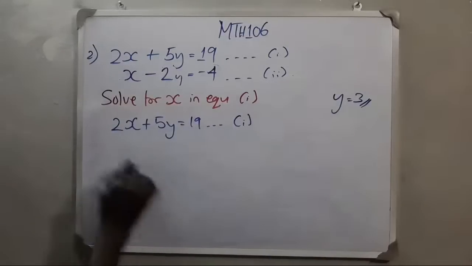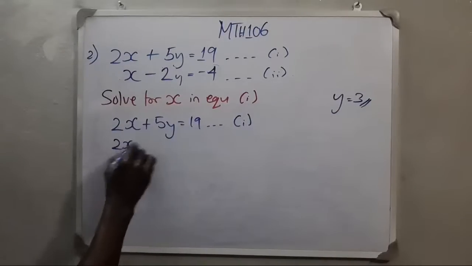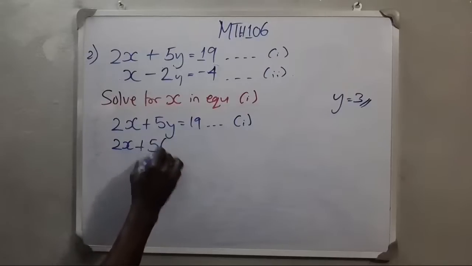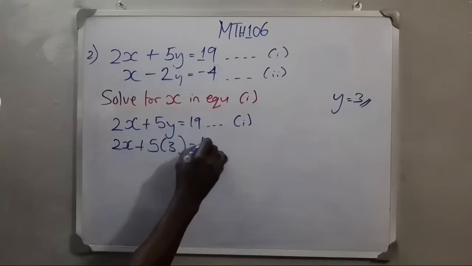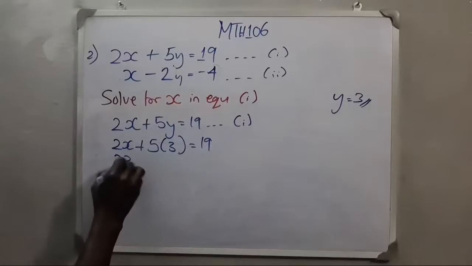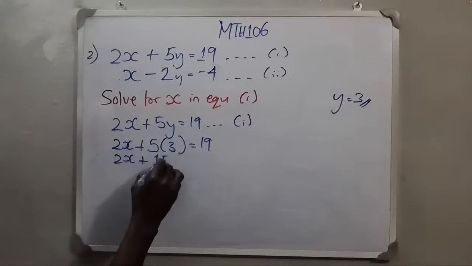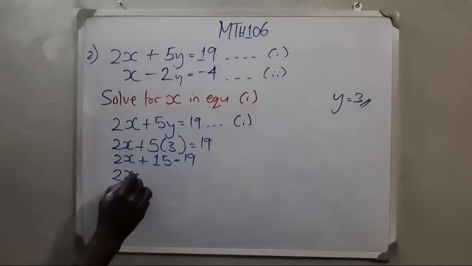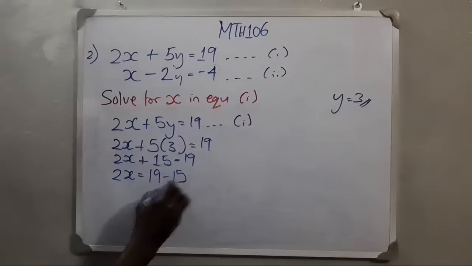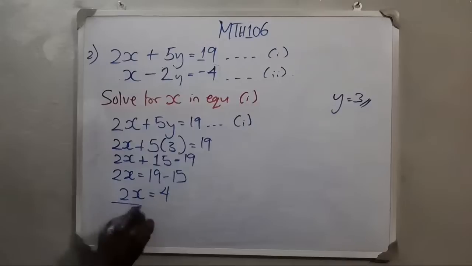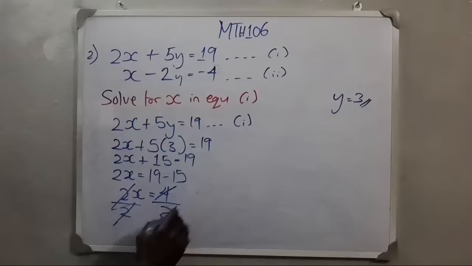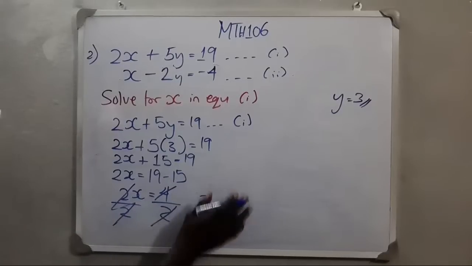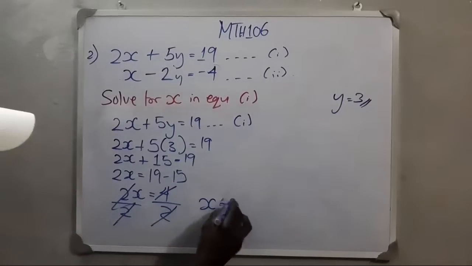So we have 2x plus 5 into brackets 3 equals 19. So we have 2x plus 15 equals 19. So we have 2x equals 19 minus 15. We have 2x equals 4. So we have 2 cancel, so x equals 2.